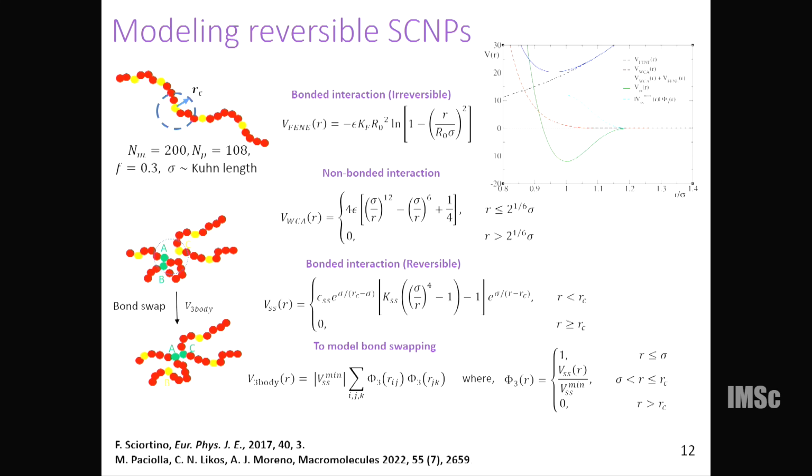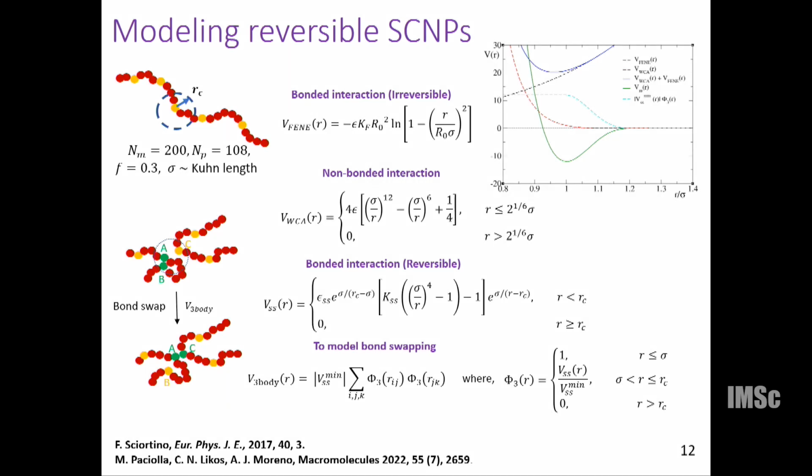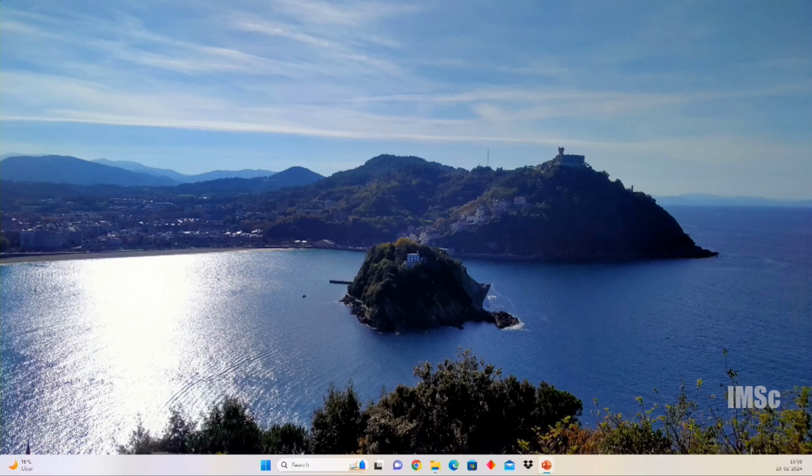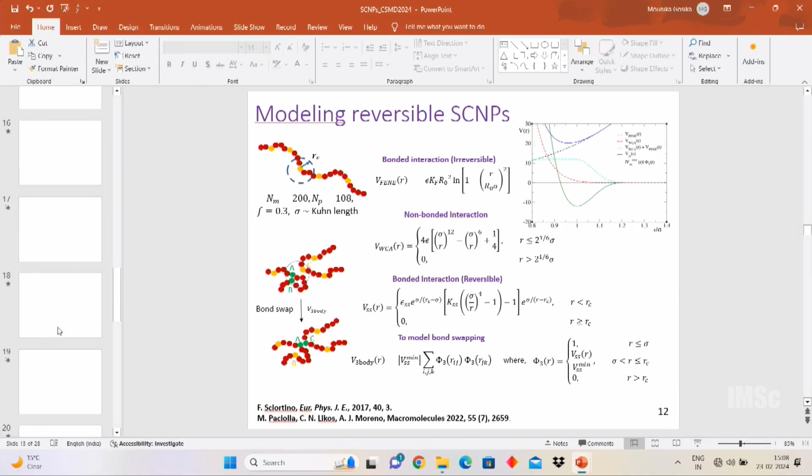In the cross-linking, you spoke about dissociative and associative. In your MD results, are you sure whether it is actually dissociative? Okay, you're talking about the coarse grain part or the atomistic simulations? The coarse grain.